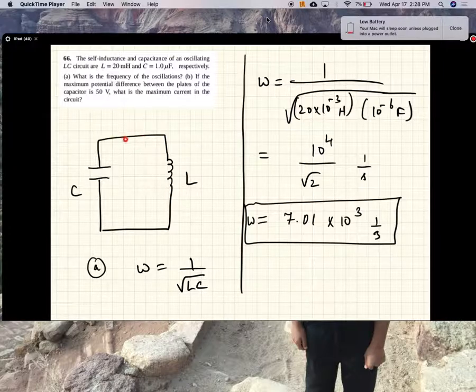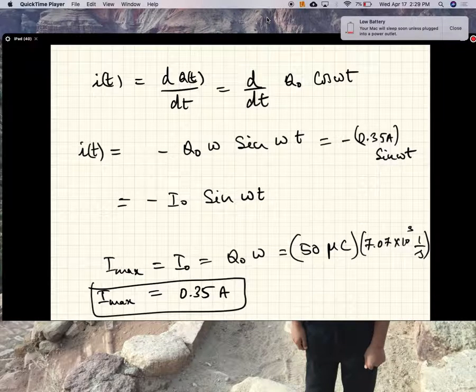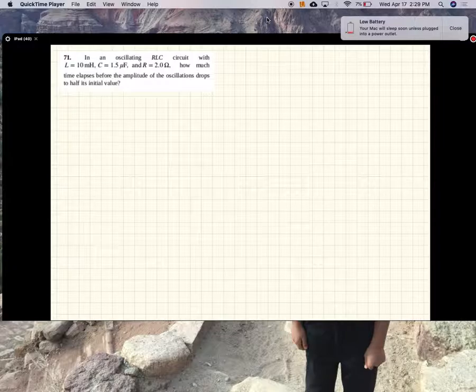As soon as you put in a resistor, it kills energy and turns it into heat. Here in this circuit, energy is being stored only in electric fields and magnetic fields, and it'll oscillate forever.